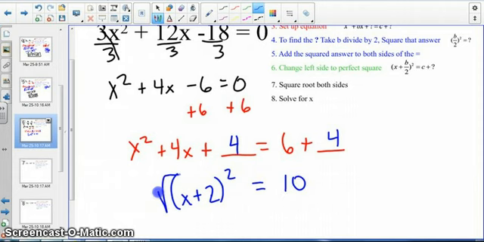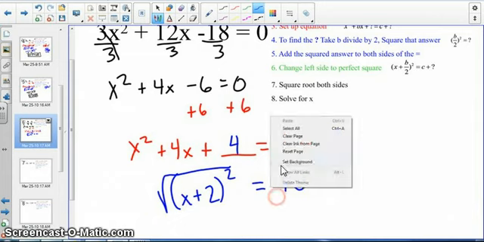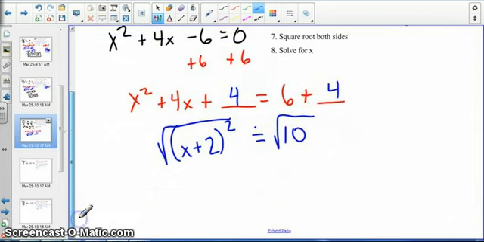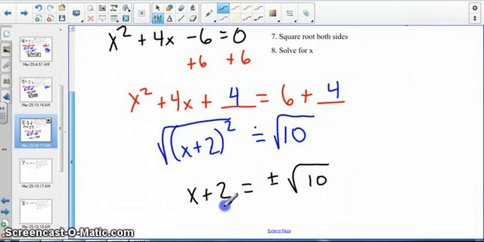Now I'm going to take the square root of both sides for completing the square. So I get x plus 2 equals plus or minus radical 10. I can't simplify radical 10 any farther, so I get x all by itself by subtracting 2.